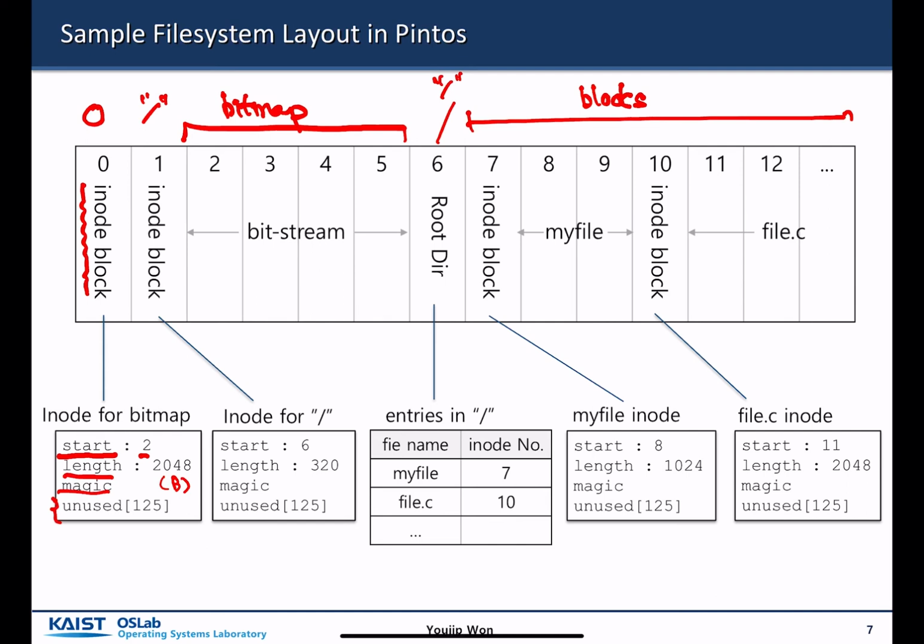An integer array of 125 integers is being unused in this data structure. Let's assume each integer is 4 bytes, then 125 times 4, which is 500 bytes, is being unused.